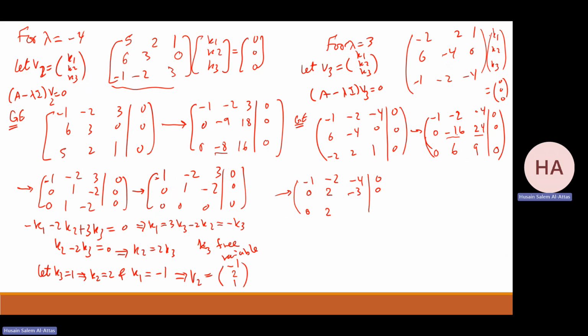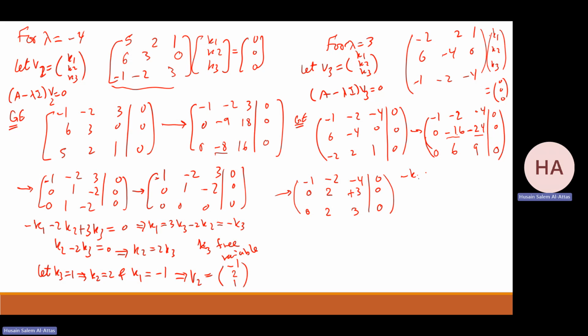I have multiply by 6 and add. That will be 0. 6 and add. That will be minus 12, minus 16. Yeah, so that will be plus 3. Yes. I should have infinitely many solutions at the end.